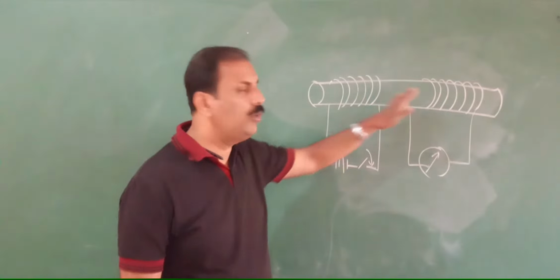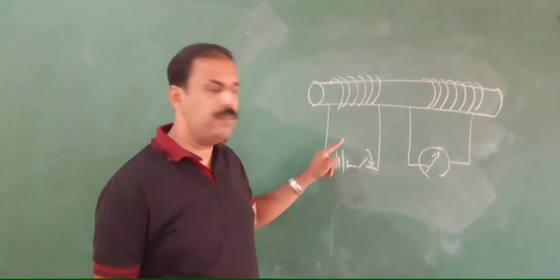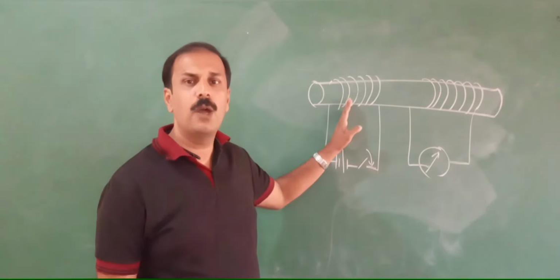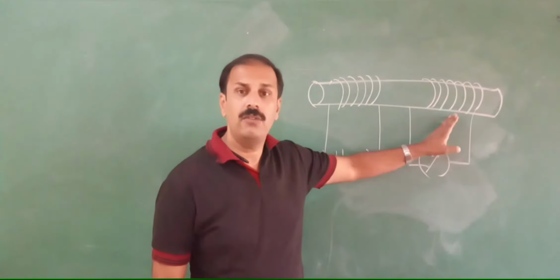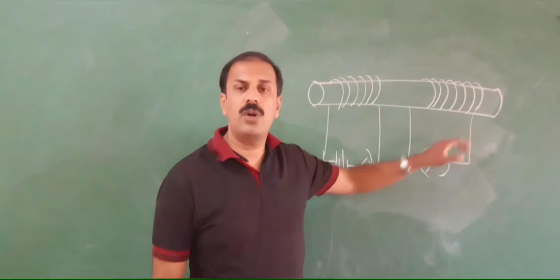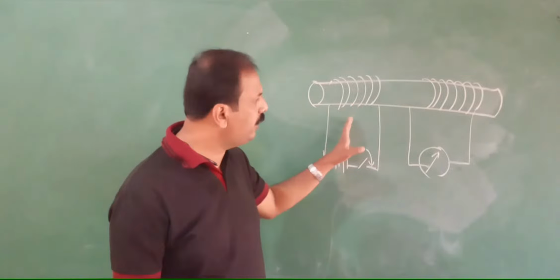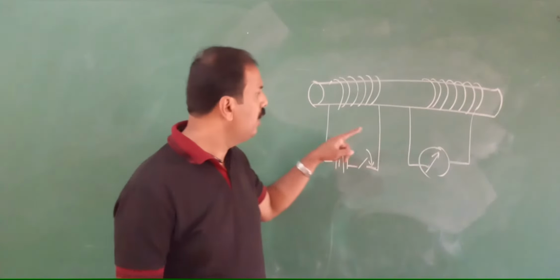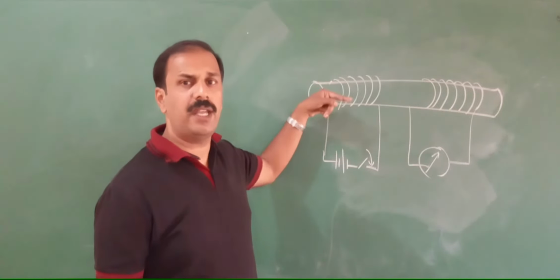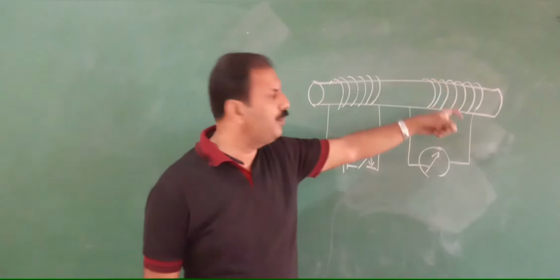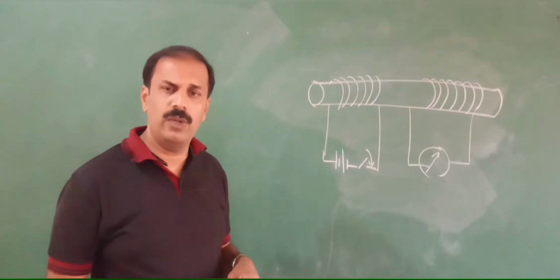Here we have two coils. The first coil where we are sending the current is called the primary coil, and where we are getting induced is called the secondary coil. So in the primary coil we send the current, and due to that we get an induced current in the secondary coil.